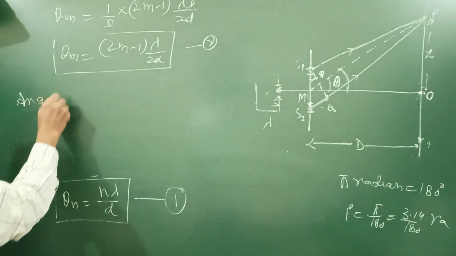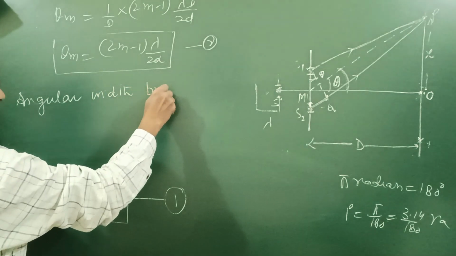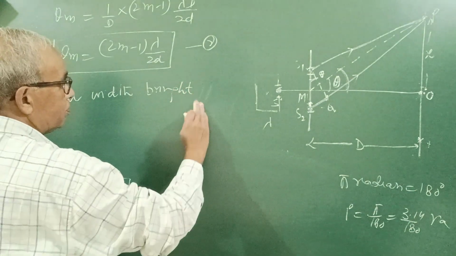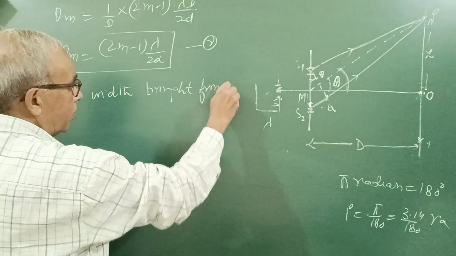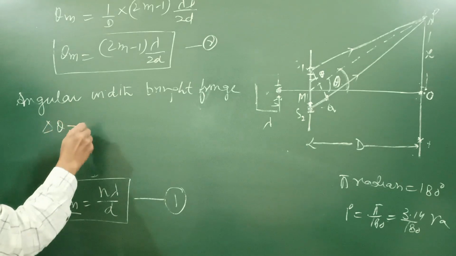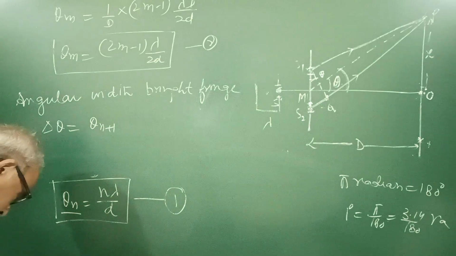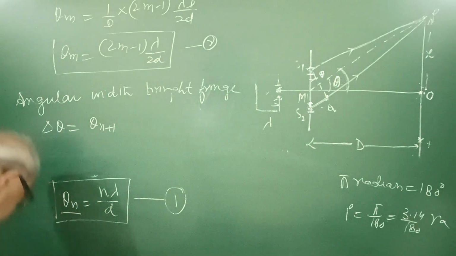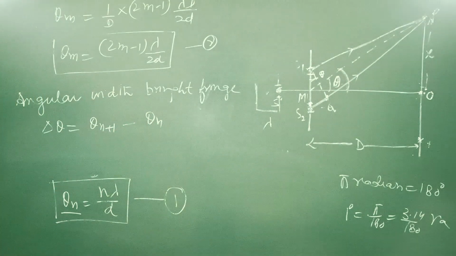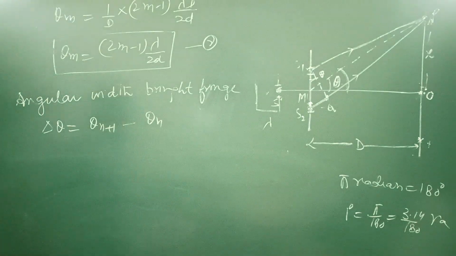Now, what is angular width? Angular width of bright fringe. So delta theta will be theta n plus 1 minus theta n. It will be the width of the angular dark fringe, because between two consecutive bright there is dark.